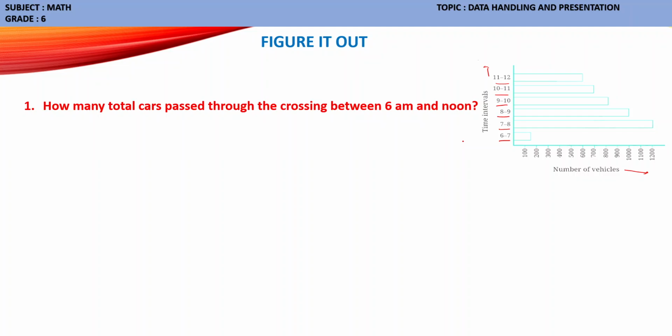So, we need to find out how many total cars passed through this crossing between 6 a.m. and noon. So, we have to sum these up. Here, 6 a.m. to 7 a.m. is 150. Next, 7 a.m. to 8 a.m. is 1200.